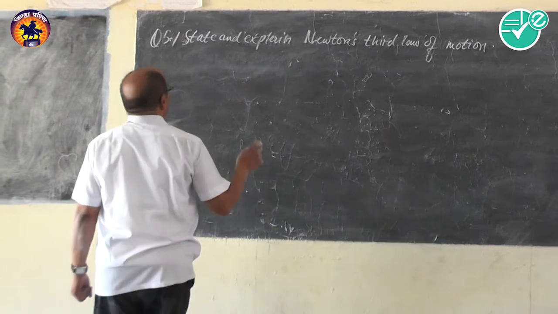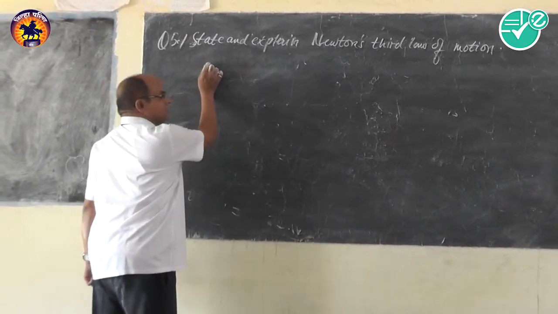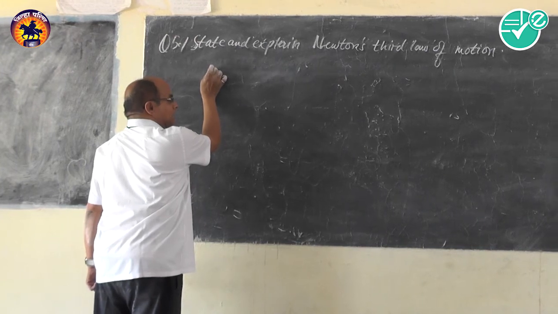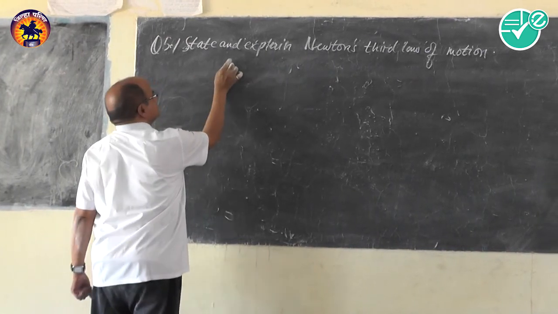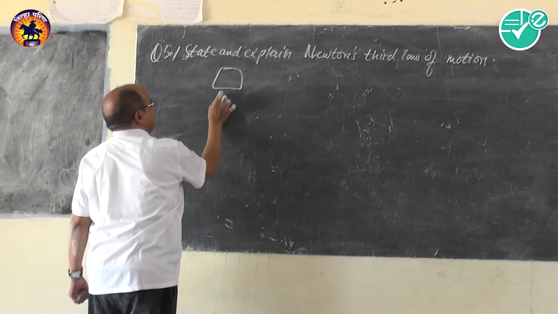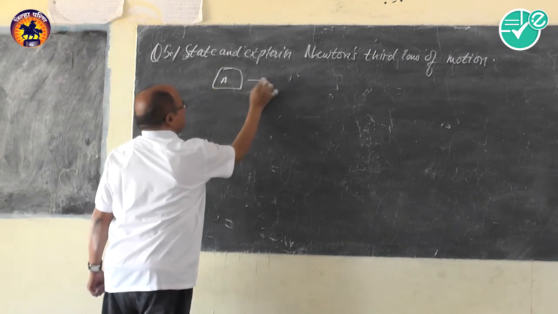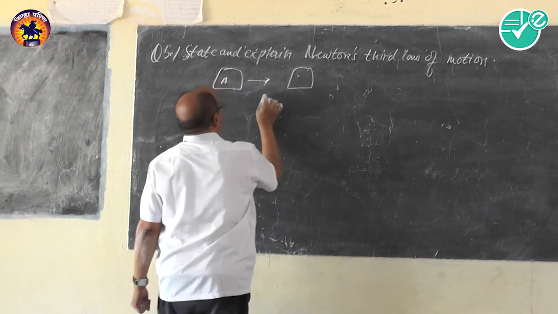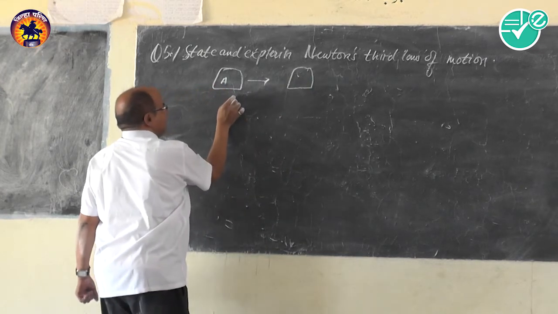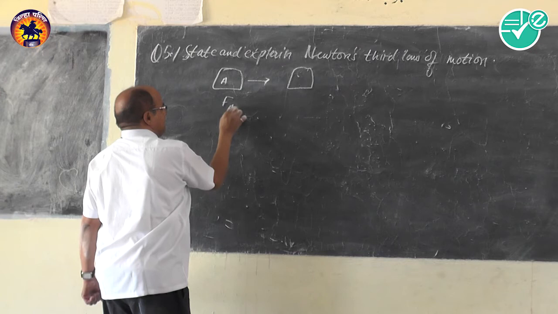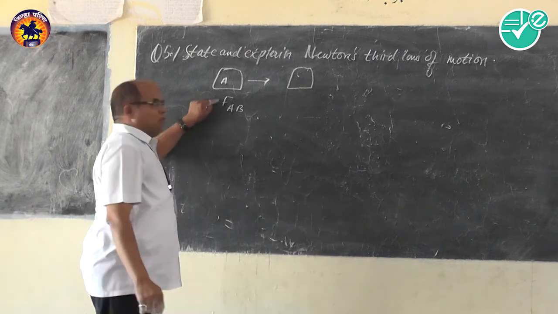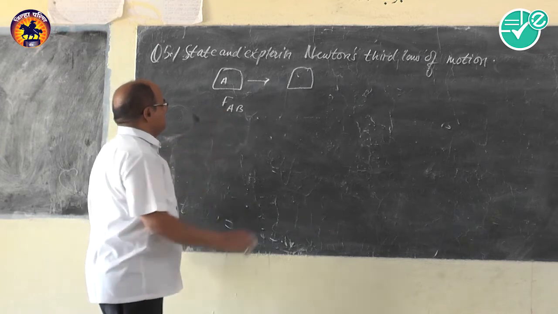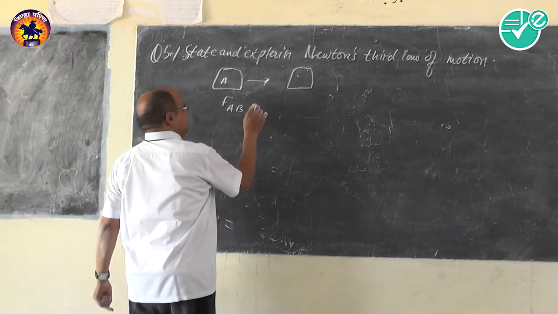Now if a body A exerts a force on body B, then it is given by force FAB, that is force exerted on B by A. This will be in this direction.